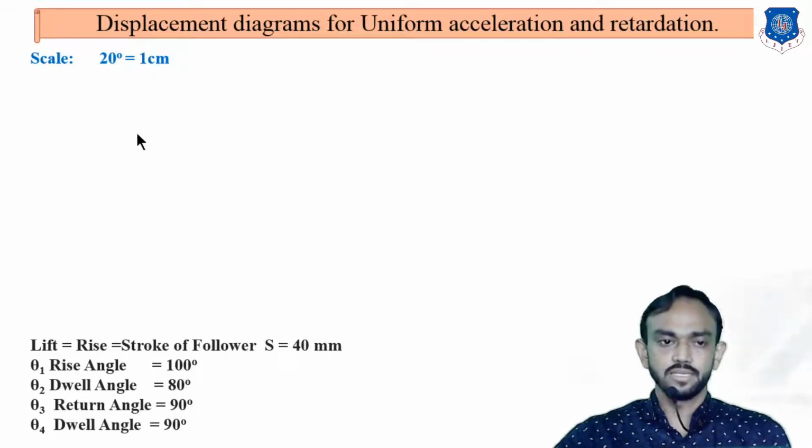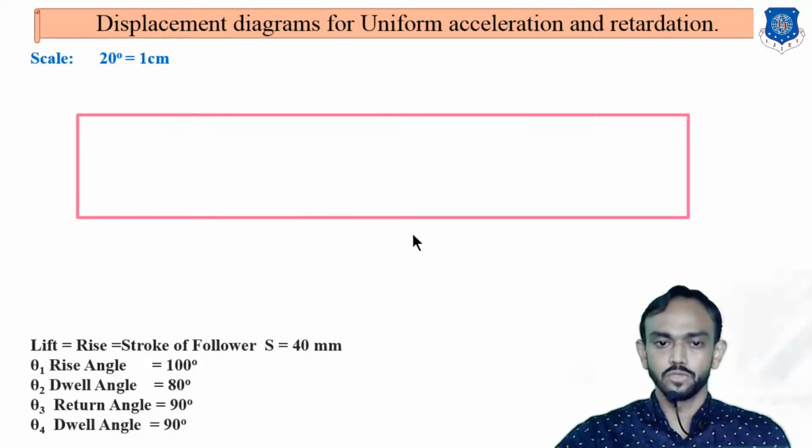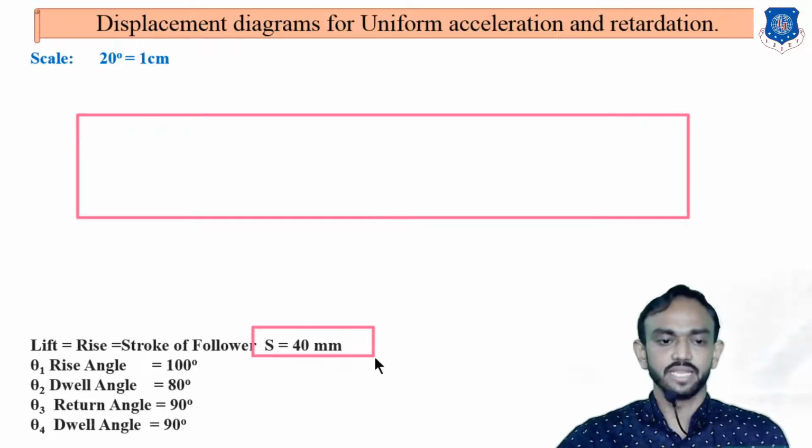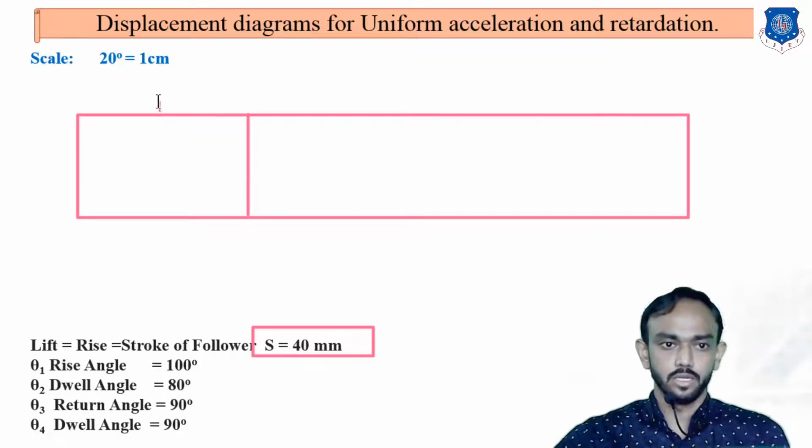So same as simple harmonic motion, you are going to make a rectangle whose length will be 18 centimeter and height will be 4 centimeter because the lift is given. After that you are going to make 4 parts as per this given data. So first is 100, which means you are going to make this 5 centimeter, 5 centimeter.